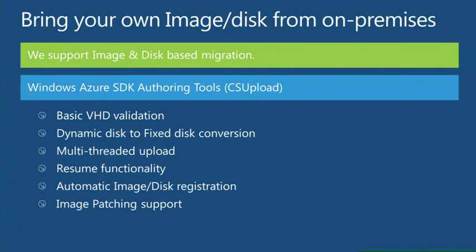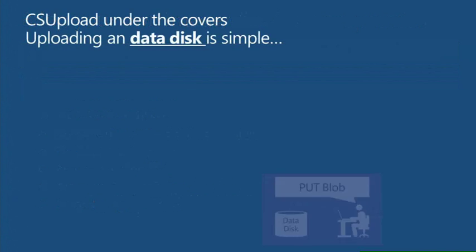Instead of uploading the large VM again, you can just patch this VM, particularly with respect to your app server or any of the stuff that you're running on the VM. So that's the difference between using CS Upload versus doing it on your own, copying into a blob account.